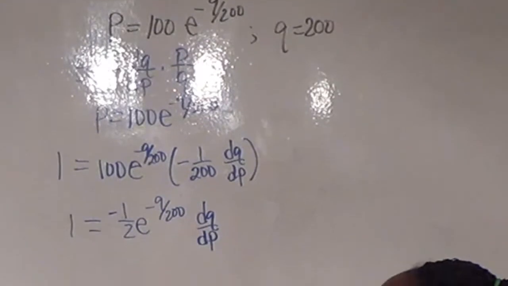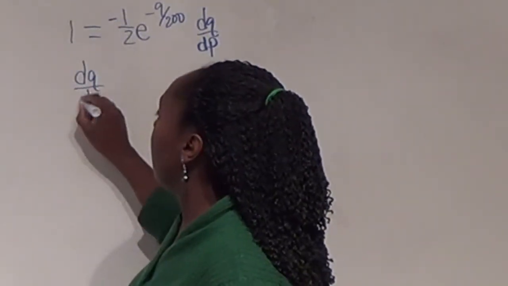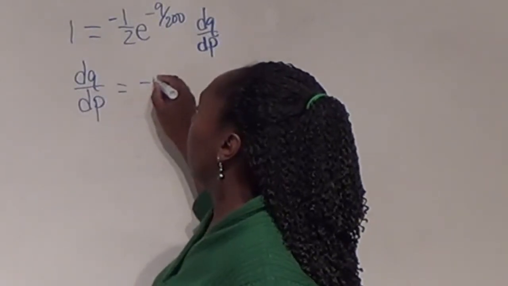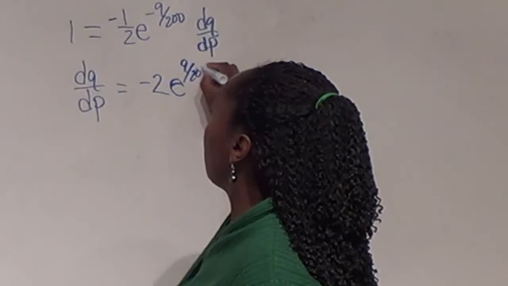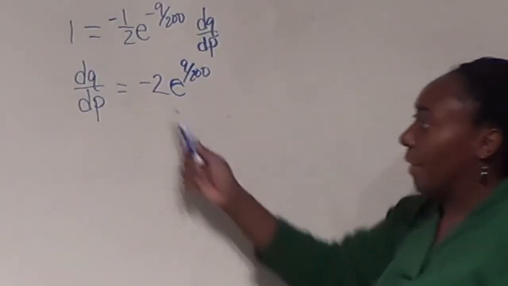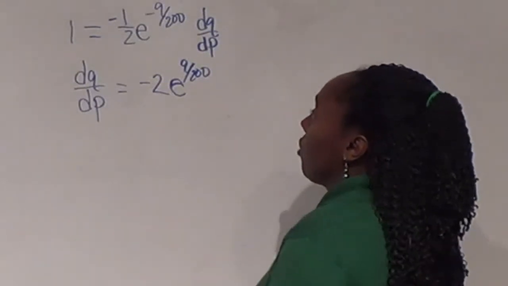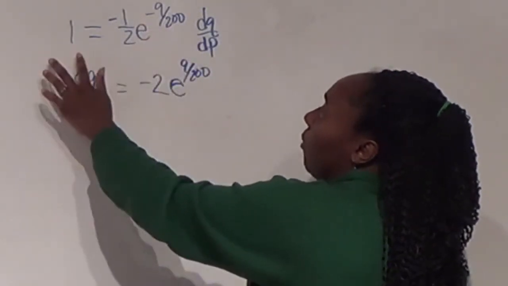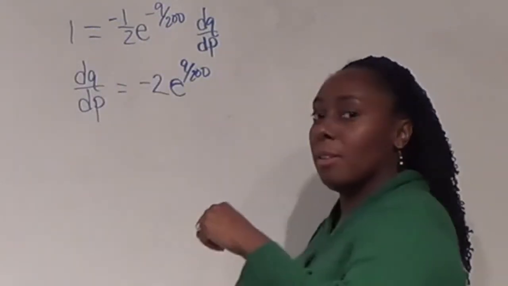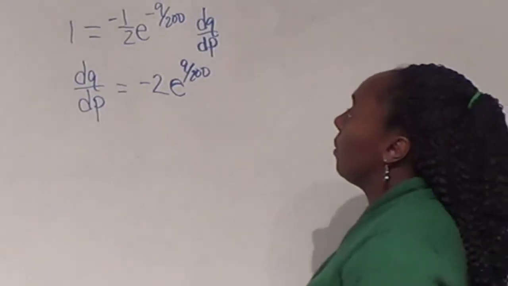Then solving for dQ/dP, we see that dQ/dP will equal negative 2e to the Q over 200. That might take a second to look at, but notice I'm just multiplying by negative 2 and then dividing out by this, and a negative in the denominator is actually a positive exponent.